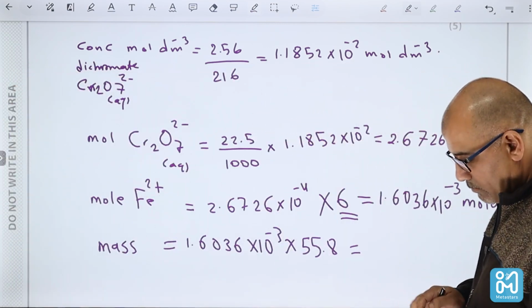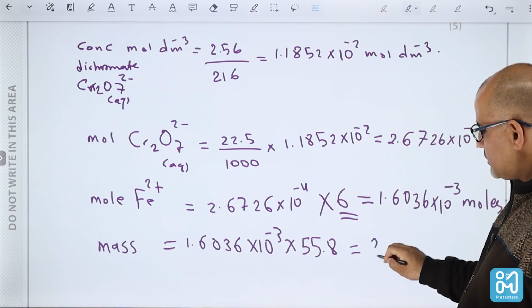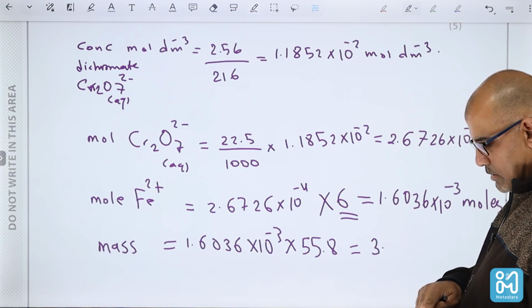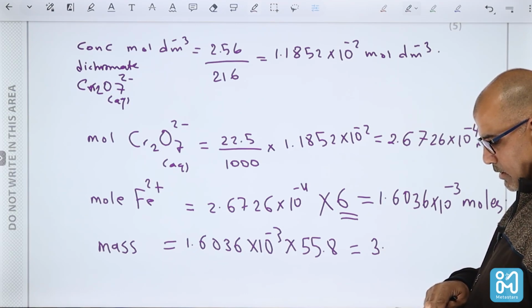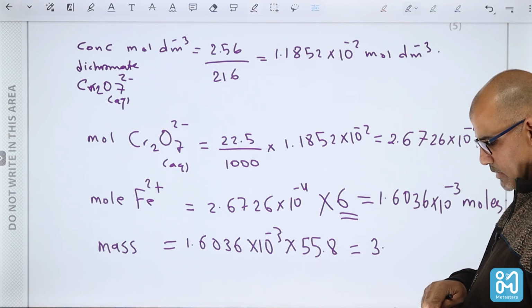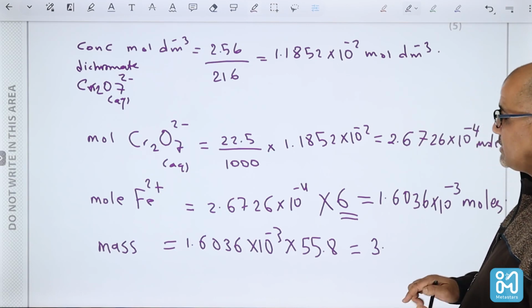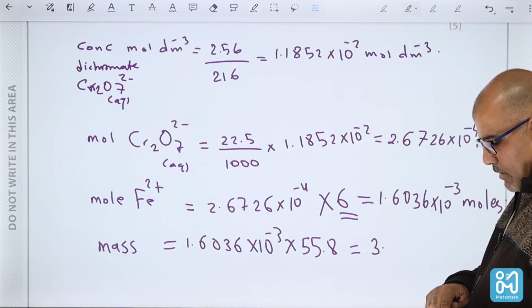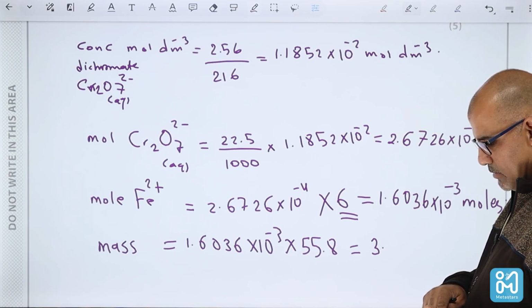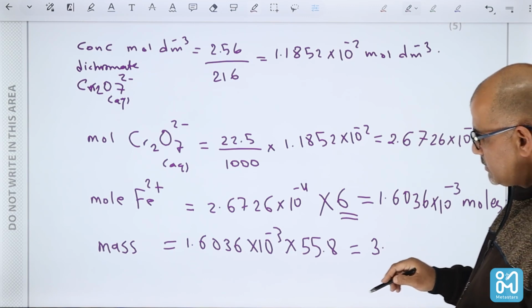So this will give us the mass of iron in 25 cubic centimeters.